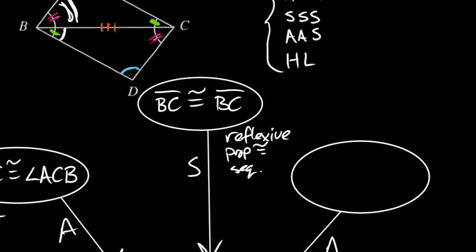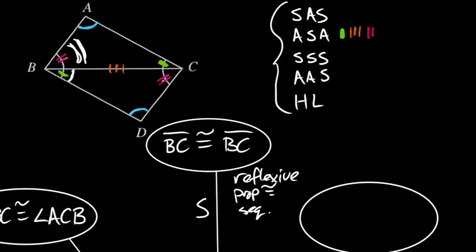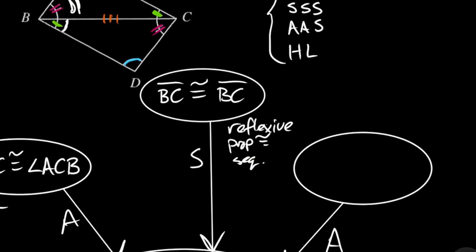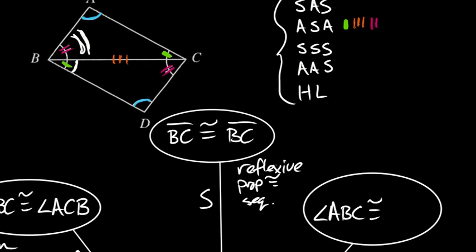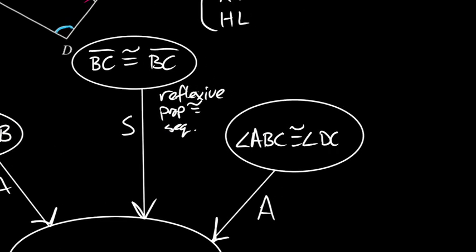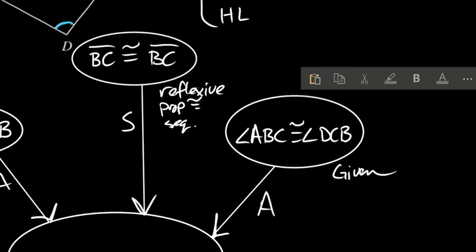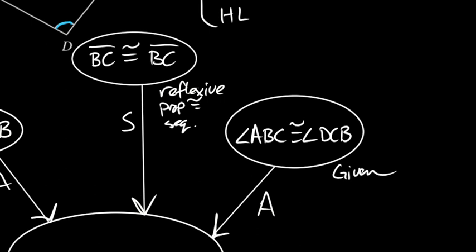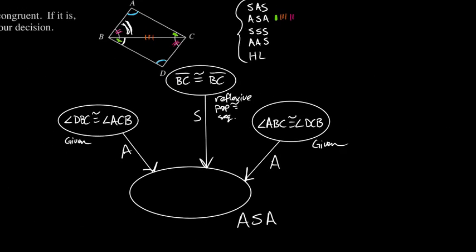So let's talk about them correctly. One of them I would call angle ABC. So I'll write angle ABC is congruent to, and the one that matches ABC would be angle DCB. And those are congruent because they were given also. Again, then the final thing that we have to do is write a valid triangle congruence statement. One triangle is congruent to the other.